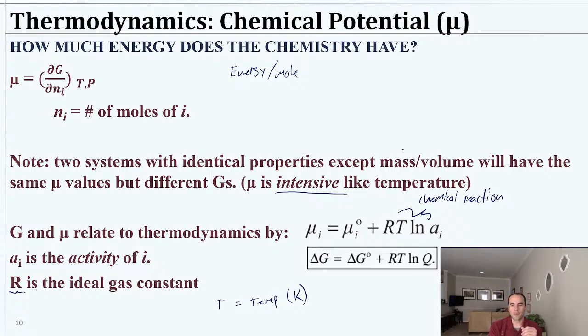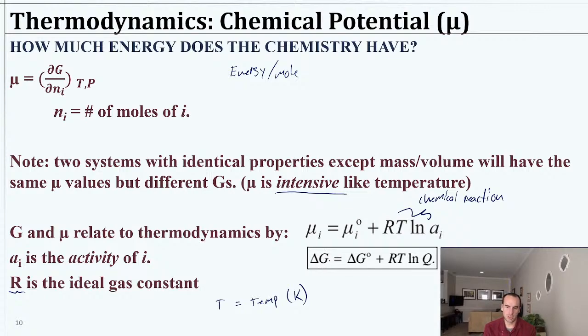So what we see then is that the potential energy of the system is equal to the potential energy under the standard conditions plus the current temperature times R times the natural log of that, effectively the concentration. But eventually we could do this for an entire system or an entire reaction and have delta here.